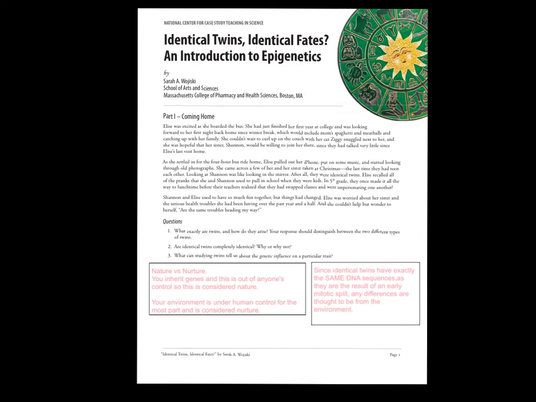Now, identical twins have exactly the same DNA sequences, and they result from an early mitotic split, so early on in the development of the fetus, there was a mitotic split. Remember, mitosis gives you an exact copy. That is why you have two separate human beings with exactly the same DNA, because of that mitotic split.